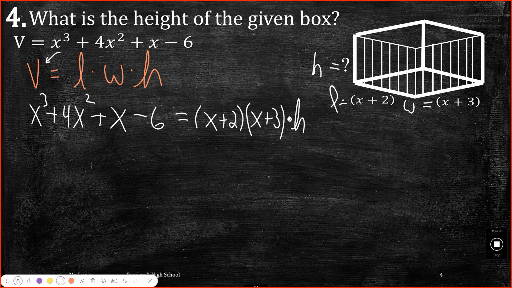So the way I'm going to approach this problem is that I'm going to multiply x plus 2 times x plus 3, get something from that, and then divide that into the volume here. So here we got x times x is x squared, x times 3 is 3x, 2 times x is 2x, 2 times 3 is 6, and then we multiply that by h.